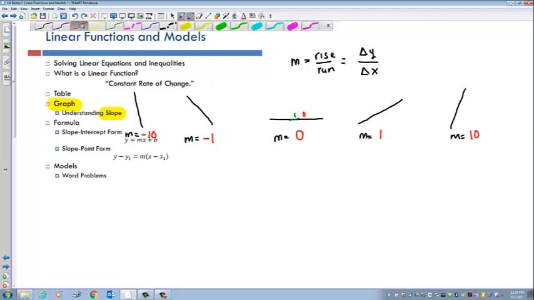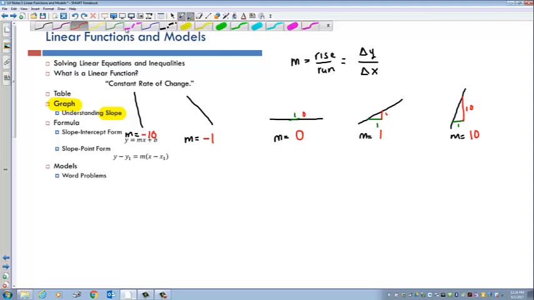Versus if you have slope 1, what does that mean? That means if you go over 1 unit, you get to go up 1 unit. That's what it means to have slope 1. Versus slope 10, that means if you go over 1 unit, you don't just go up 1 unit, you go up 10 units, which gives us this idea of a very big slope. And how about -1?